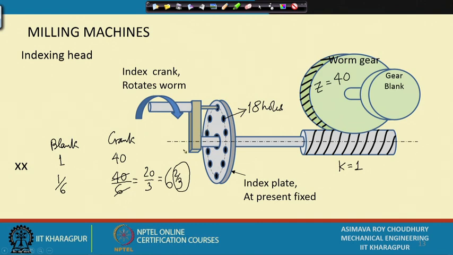If 18 holes are there, if I start from this point and count 12 holes, I will have covered exactly 2/3 of a rotation. So, this way I make up that particular movement. So, if I am moving by 6 full rotations and 2/3 of a rotation, I will be exactly moving by 60 degrees here. So, this is the basic idea of simple indexing.